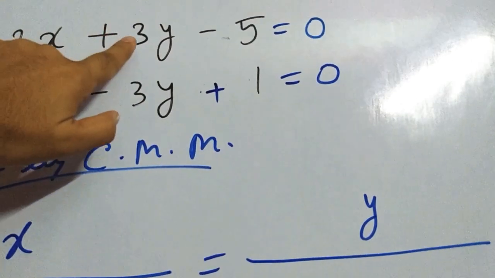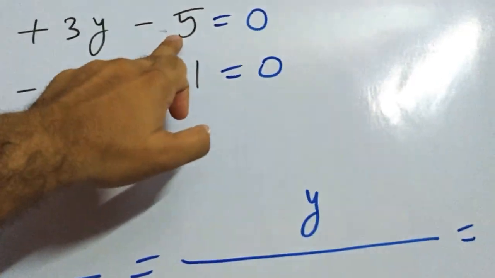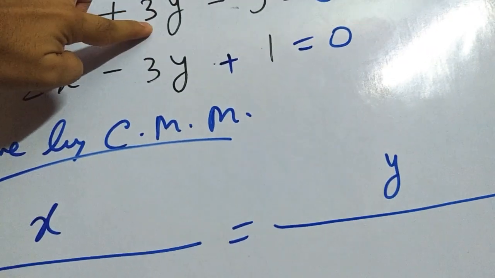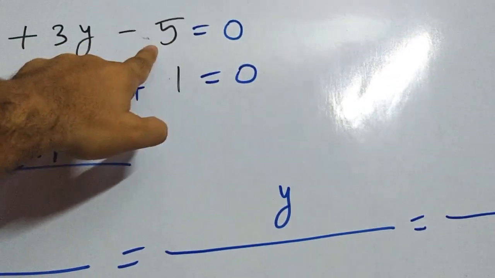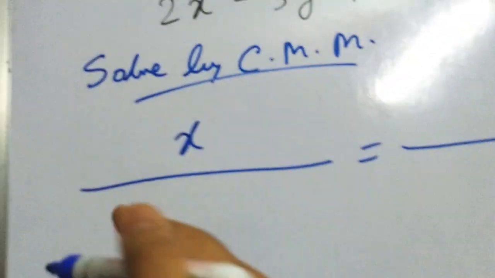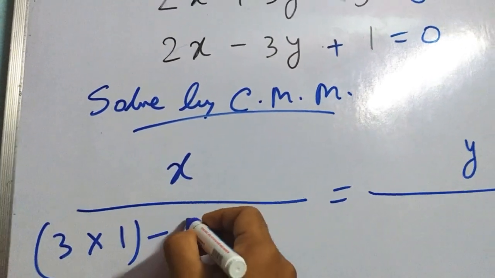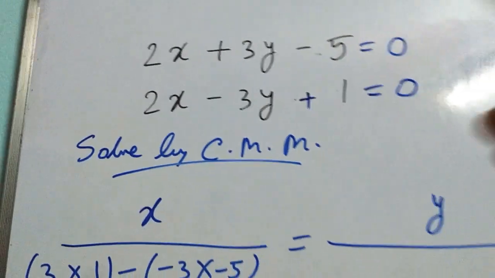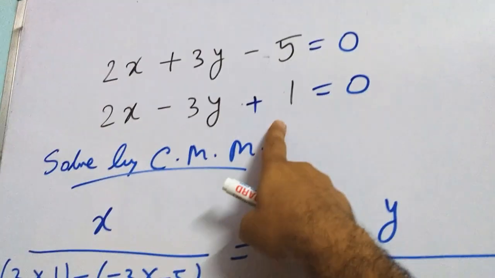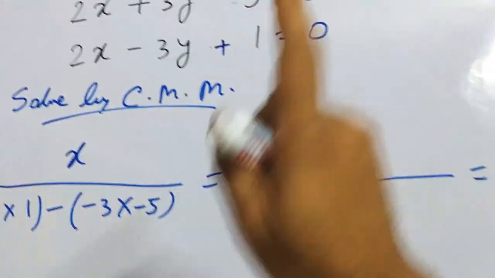Cross multiplication means this into this minus this into this. So let us write: 3 into 1 minus of minus 3 into minus 5.